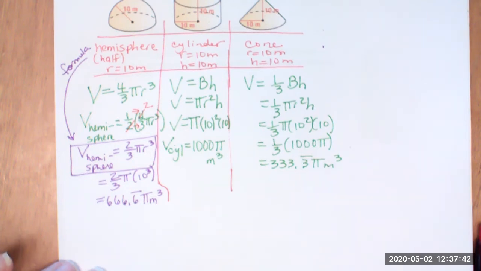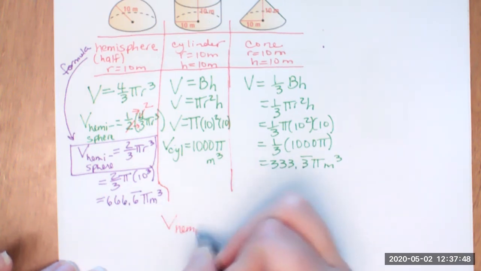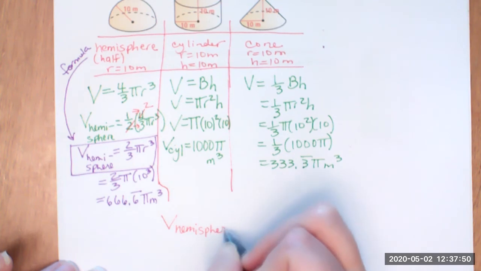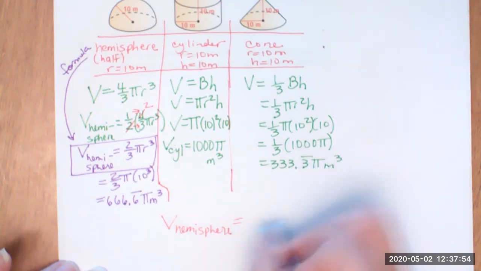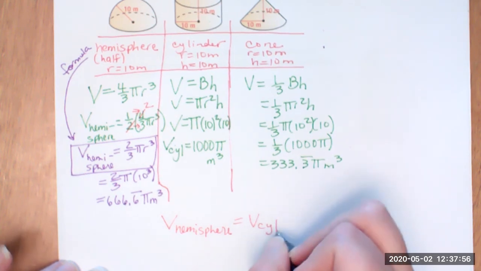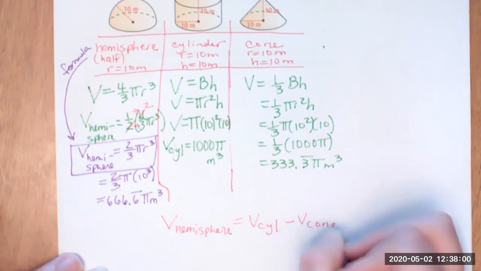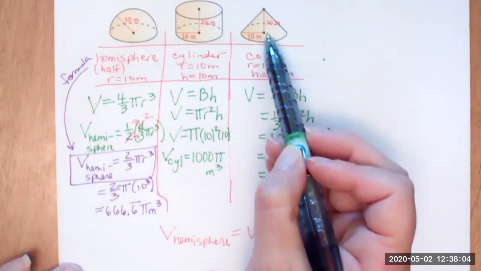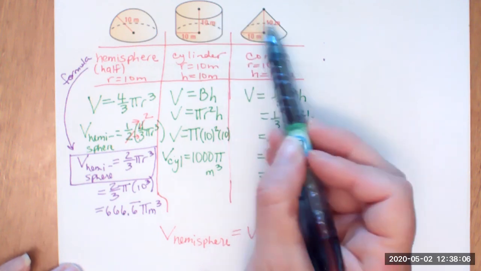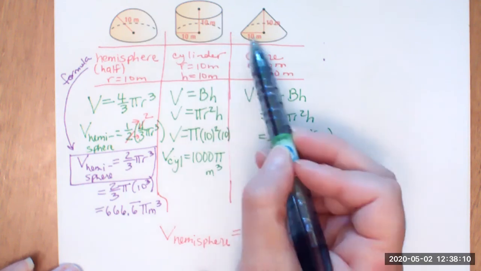So this is what you should have thought of if perhaps you paused. Watch. The volume of the hemisphere equals the volume of the cylinder minus the volume of the cone, of course, assuming they all have the same radius and the cylinder and the cone have the same height and it's the same as the radius of all three.